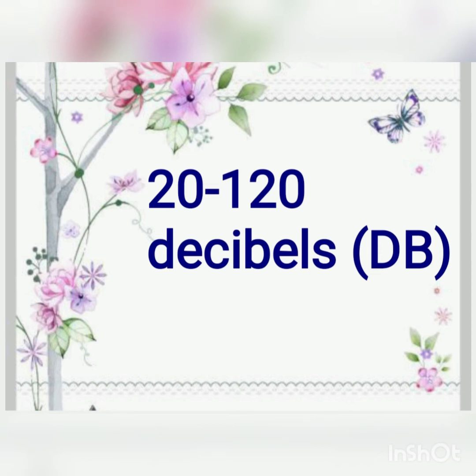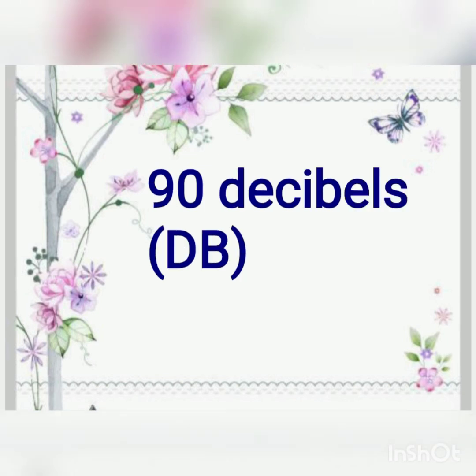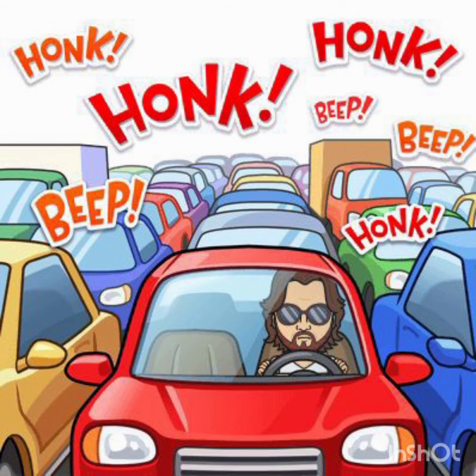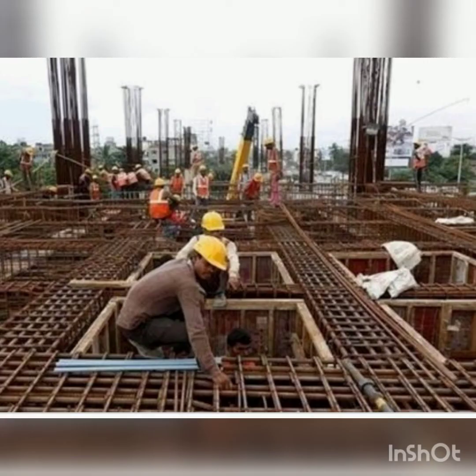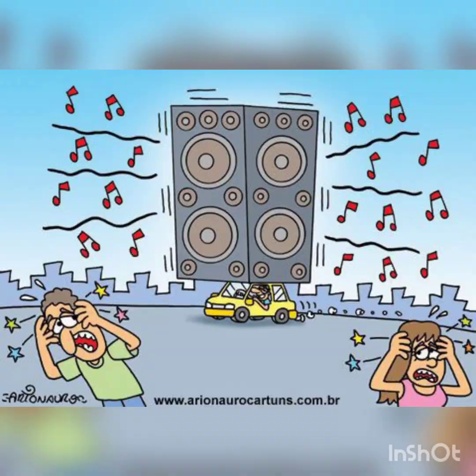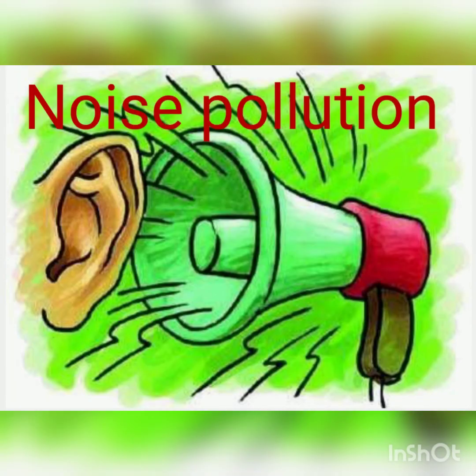When we hear anything above 90 dB, it becomes harmful for us. Honking of vehicles, that is the horn of the vehicles, blaring loudspeakers, construction activities, and rock concerts cause noise pollution.